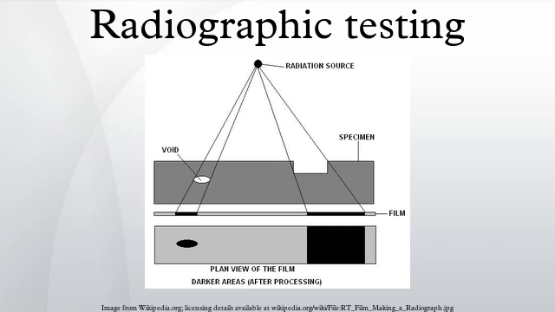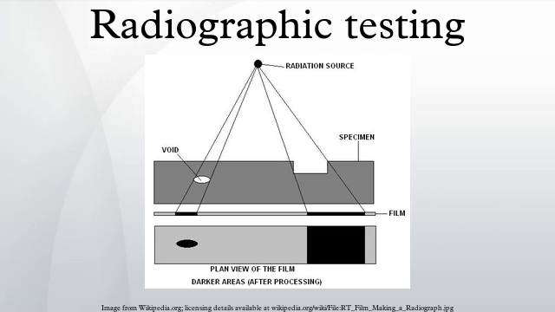EN 462-1, non-destructive testing, image quality of radiographs, Part 1, image quality indicators, determination of image quality value. EN 462-2, non-destructive testing, image quality of radiographs, Part 2, image quality indicators, determination of image quality value.